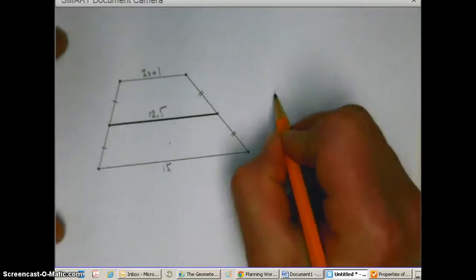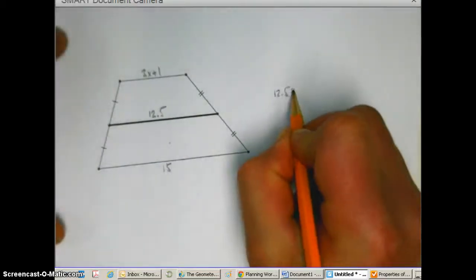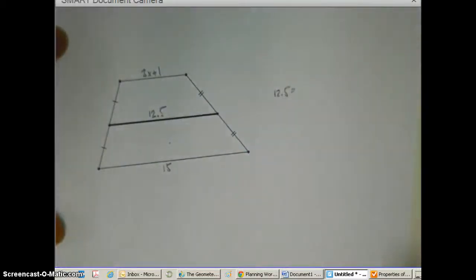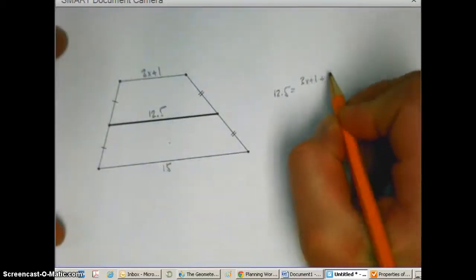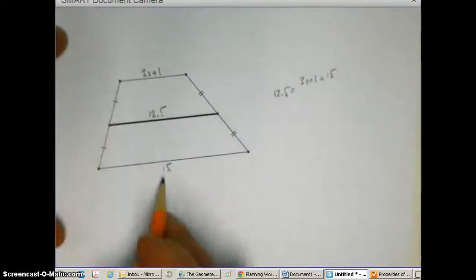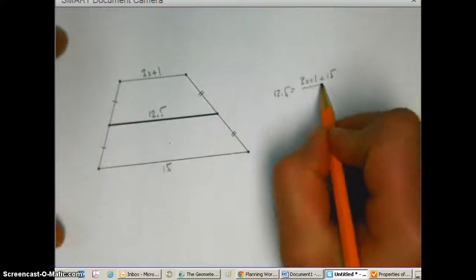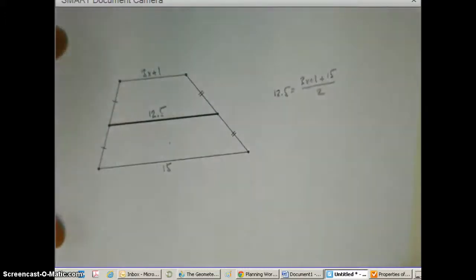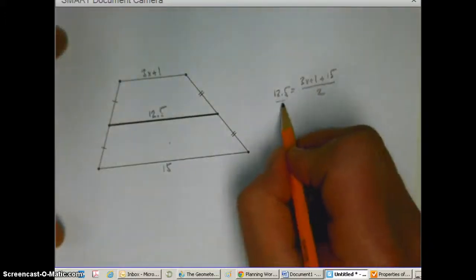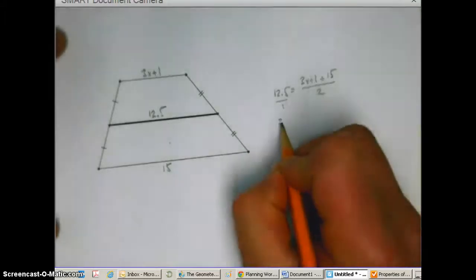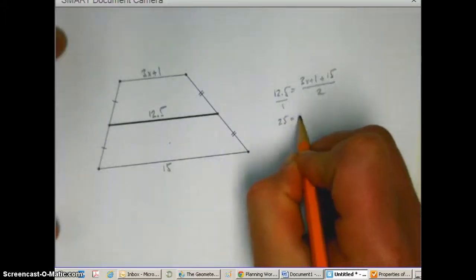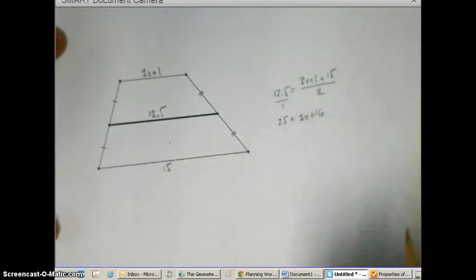Again, the midsegment is equal to the average of the bases, so that would be 3x plus 1 plus 15, the top base and the bottom base, divided by 2. Again, we can put this over 1 and cross multiply. 2 times 12.5 is 25, and that should equal 3x plus 16.